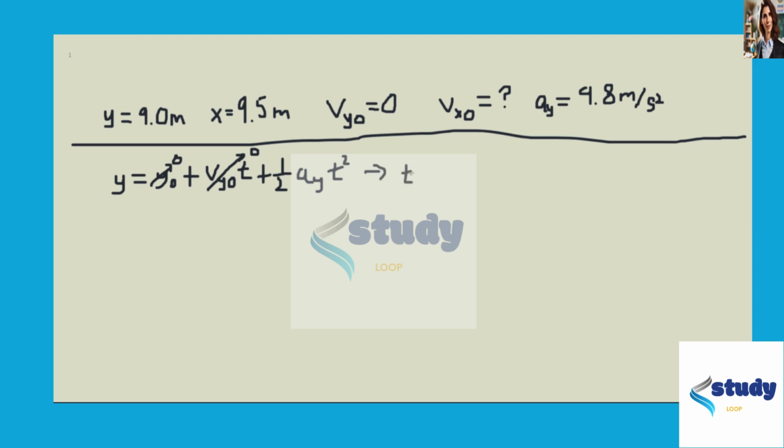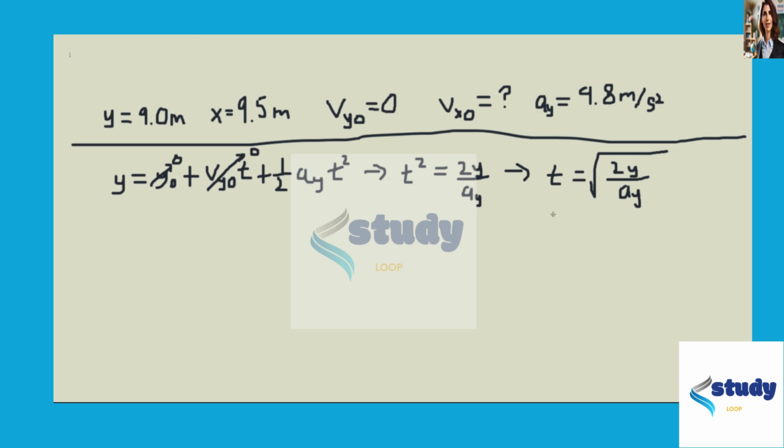So t squared is equal to 2y divided by acceleration in the y direction, okay? Which means that t is equal to the square root of 2y divided by acceleration in the y direction.